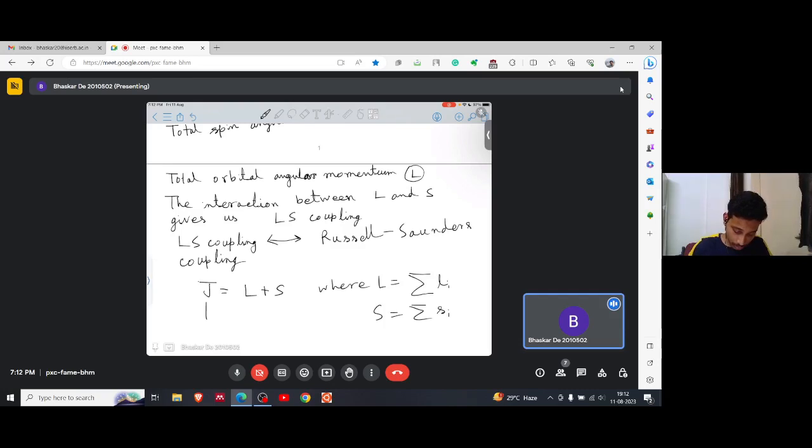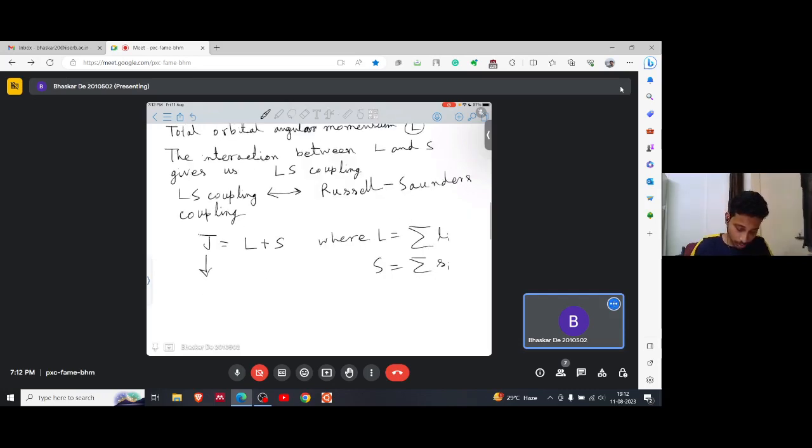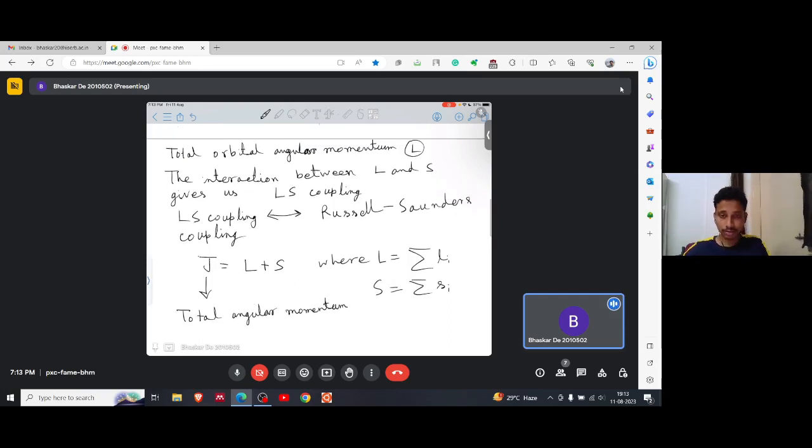So this J is known as total angular momentum.